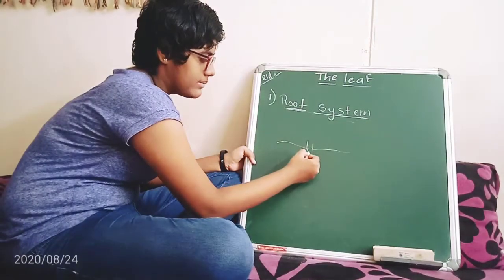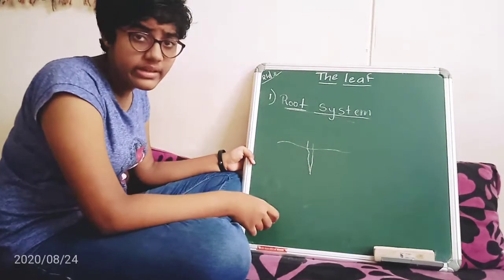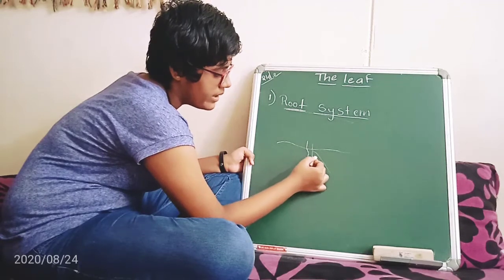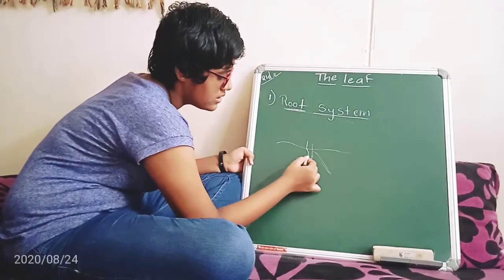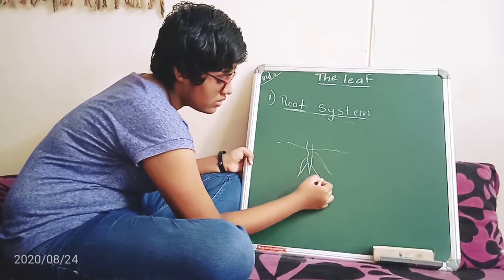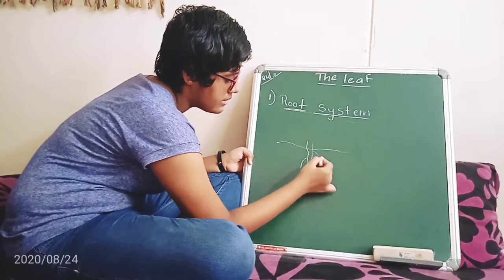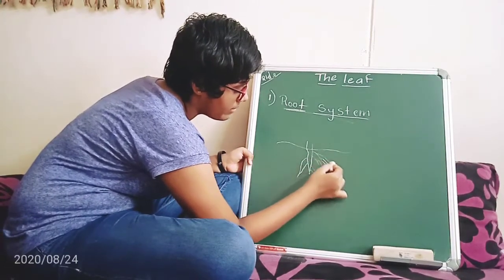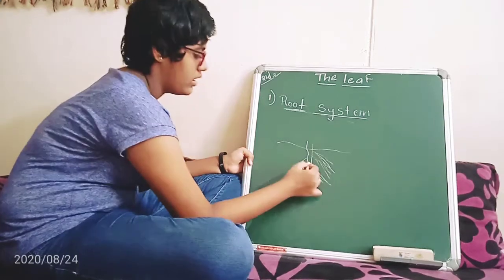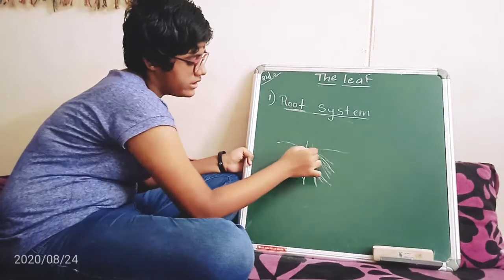So this is the stem, and another stem is coming out from it, and these are some branches coming out, and then some others coming out from here, again from here, even here.